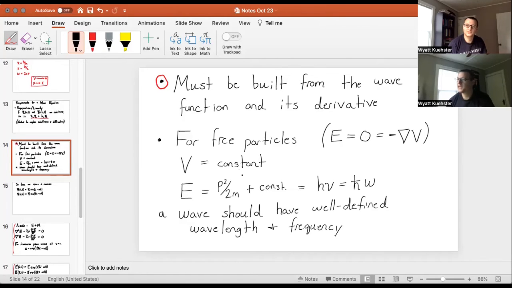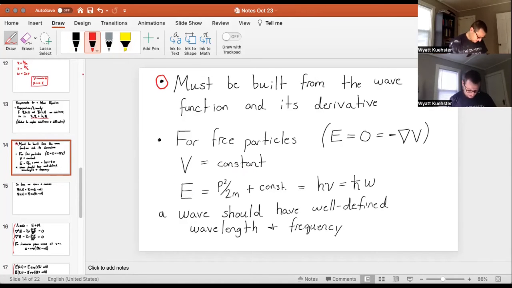So that means the potential is constant. And if the potential is constant, we might as well make it zero, because I can always do a change of coordinates to pick where potential equals zero is.